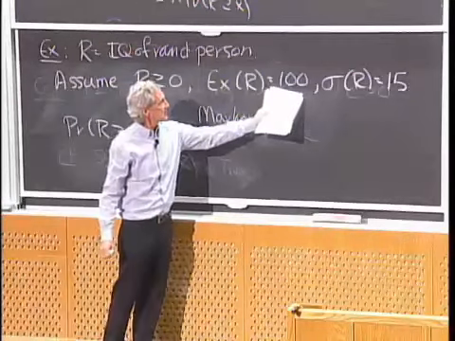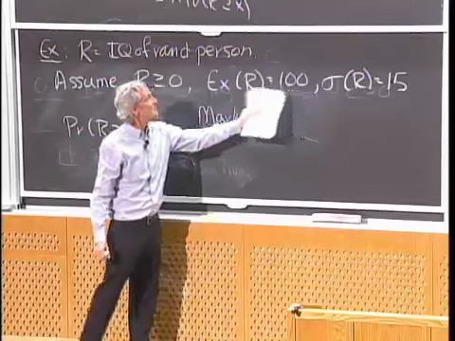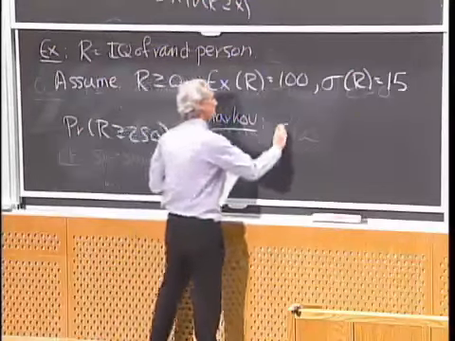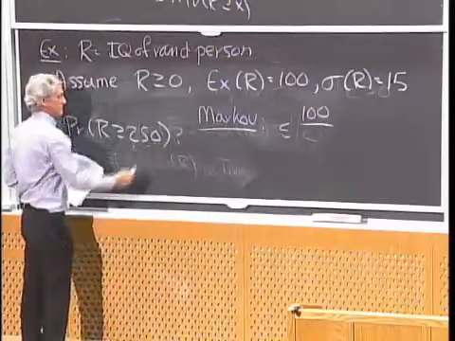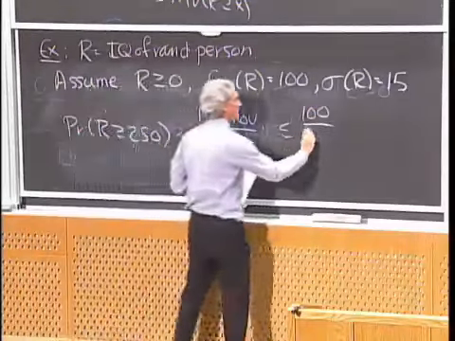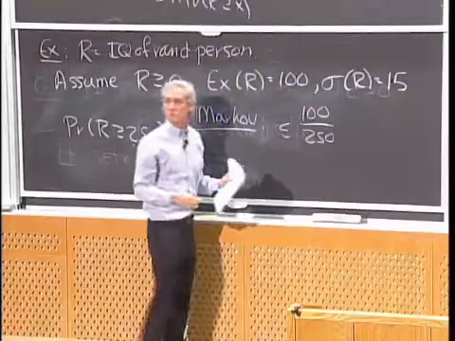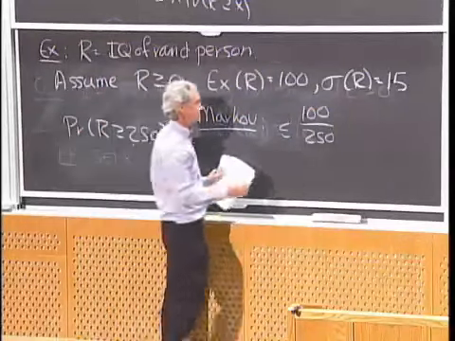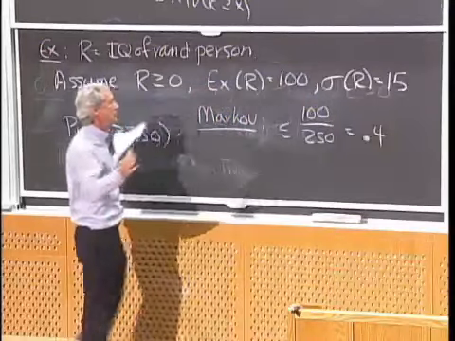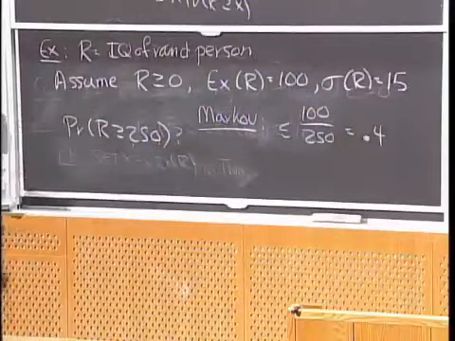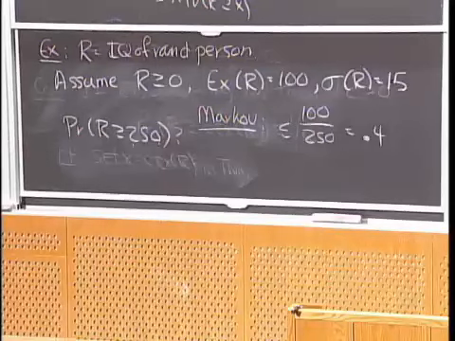It's not quite 2/3 either. It's the expected value, which is 100, over the x value, which is 250. So it's 1 in 2.5, or 0.4. So the probability is at most 0.4, so a 40% chance it could happen, potentially, but no bigger than that.